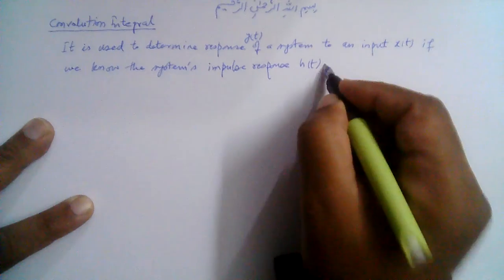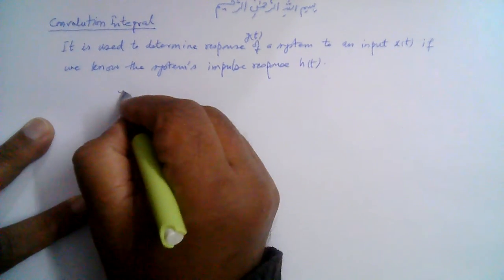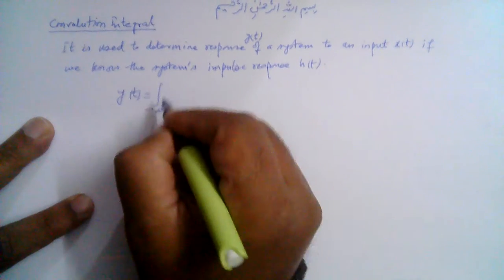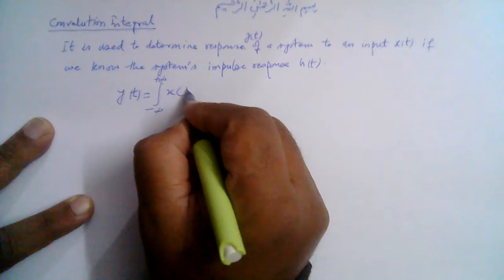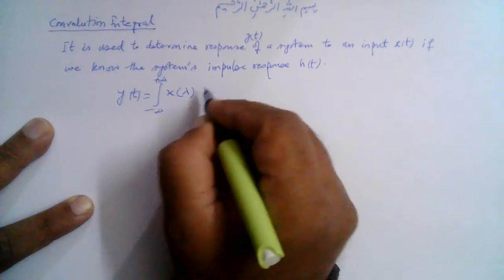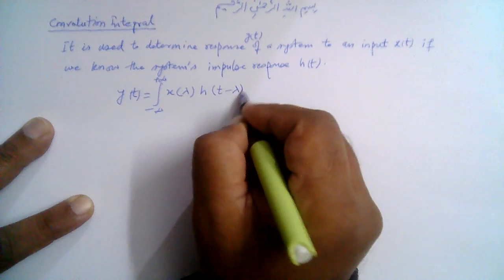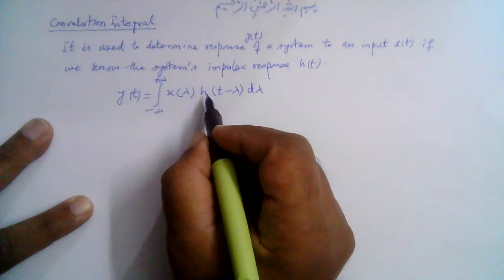So this integral is defined something like this: y of t, this is the output, equals the integral from minus infinity to plus infinity of x of lambda, where lambda is a dummy variable and x is the input, times h of t minus lambda d lambda, where h is the impulse response.